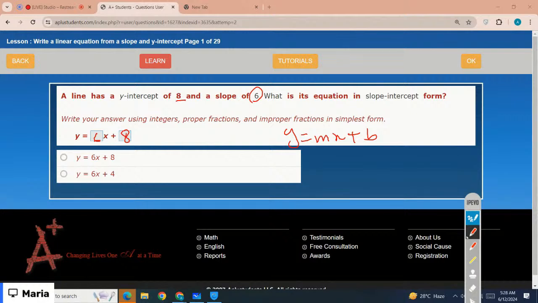The correct option is option number 1, y equals 6x plus 8.